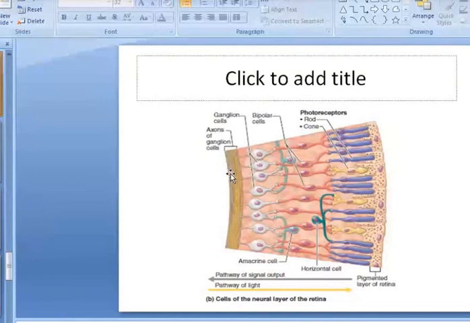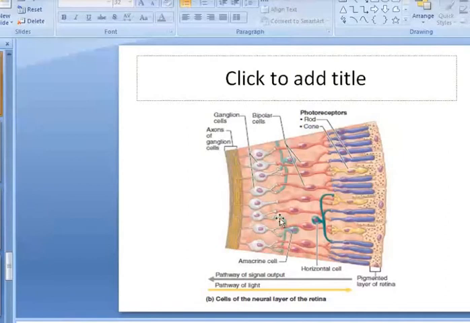In between them there are also amacrine and horizontal cells. These cells modify the information coming from the rods and cones and from the bipolar cell.